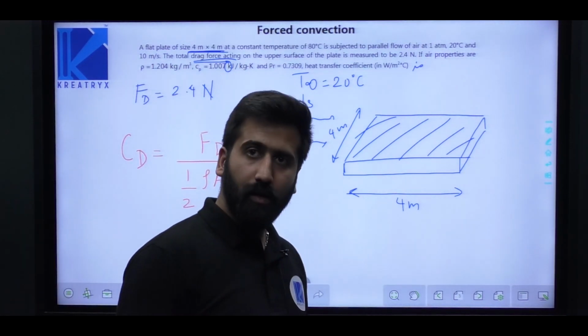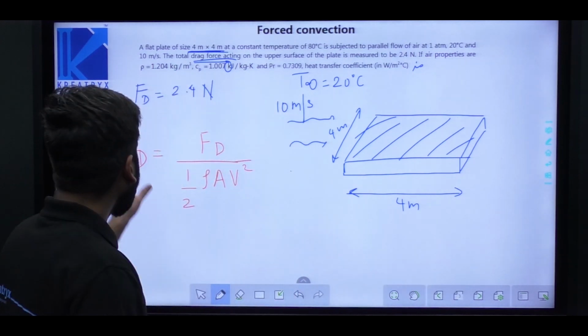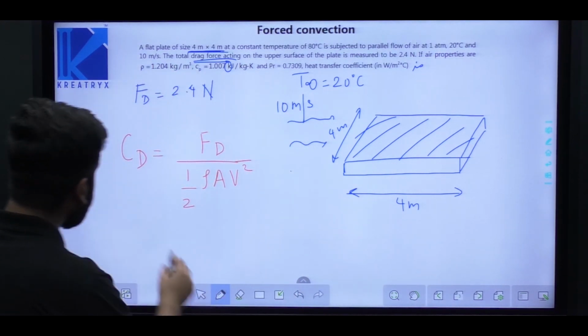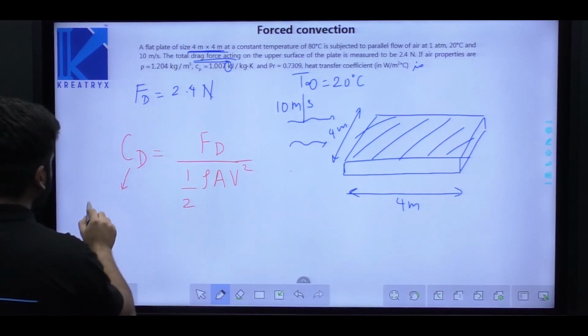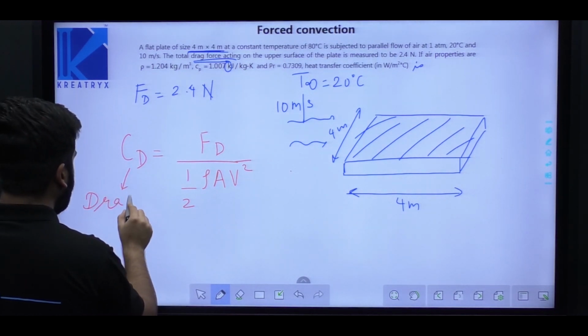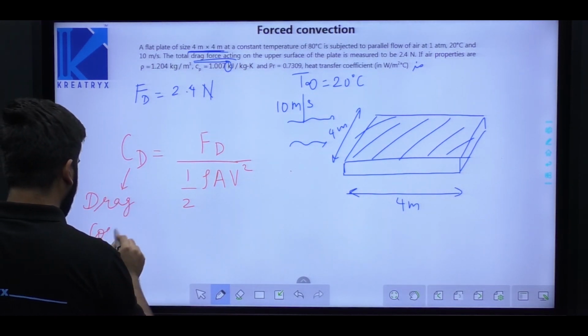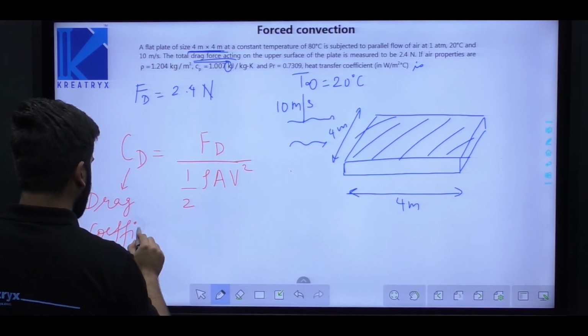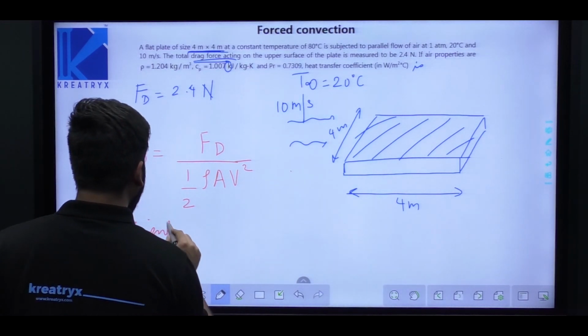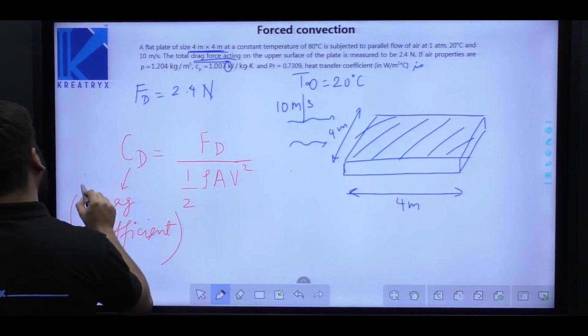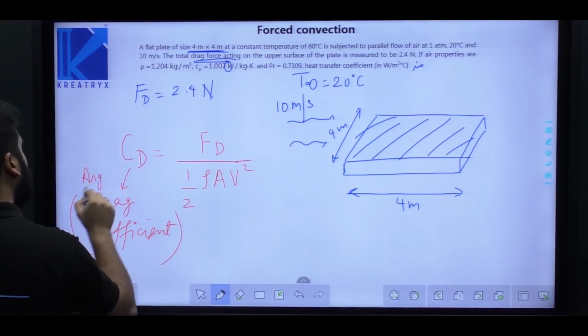I'm not going to derive it here, but you must have derived it. So I'm directly writing the formula. This is the average drag coefficient.